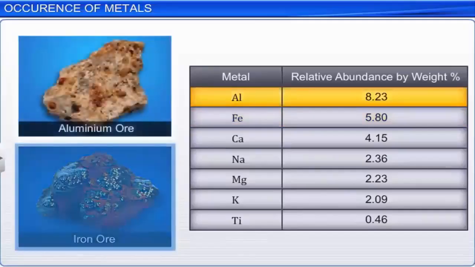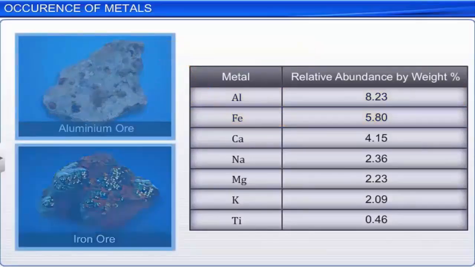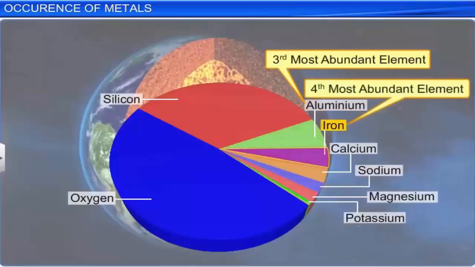Thus, aluminium is the most abundant metal and iron the second most abundant metal by weight in the Earth's crust. Also, aluminium is the third most abundant element and iron the fourth most abundant element by weight of the Earth's crust.